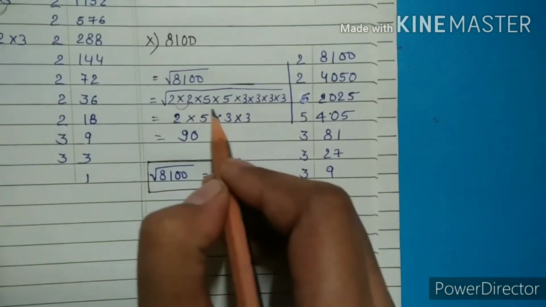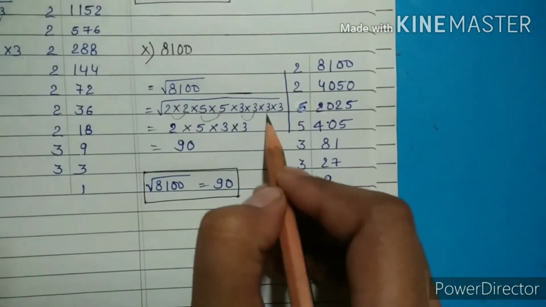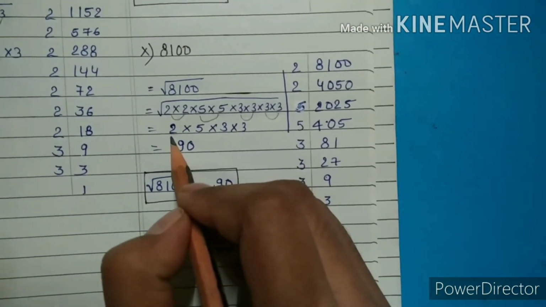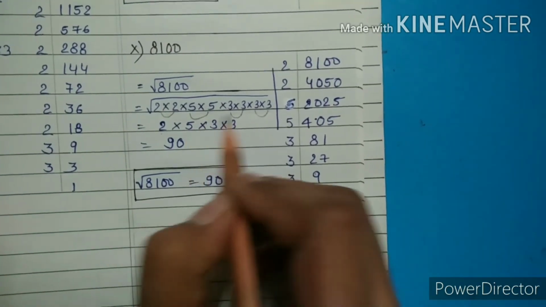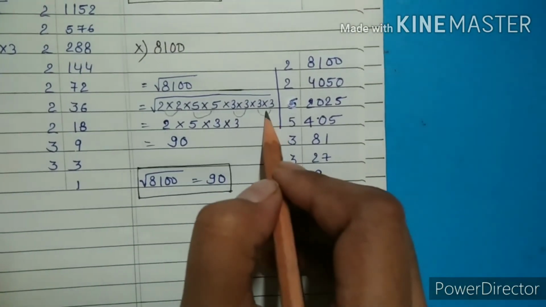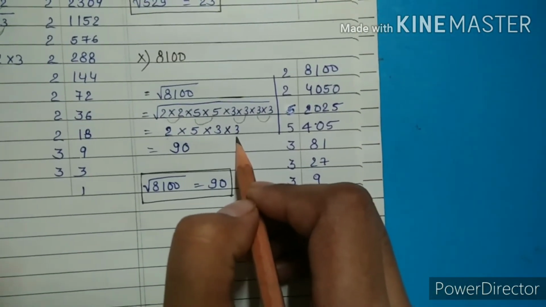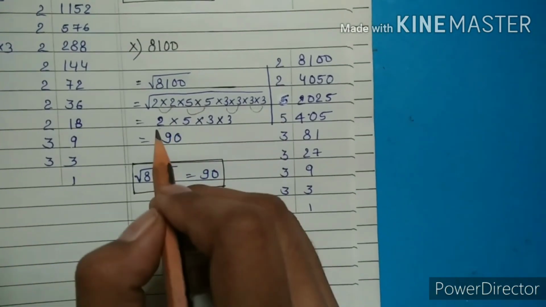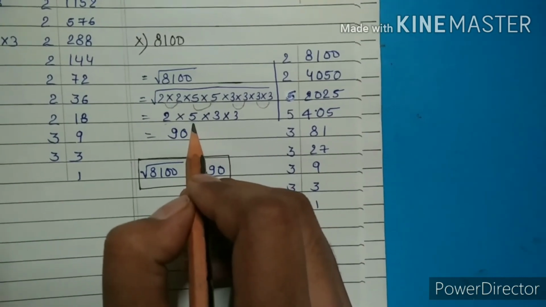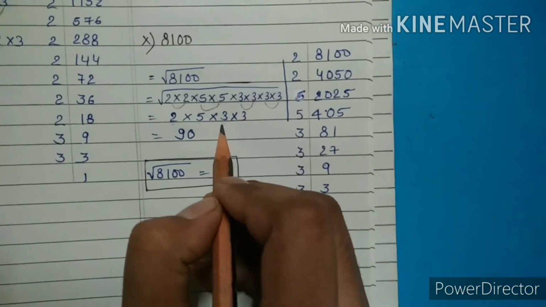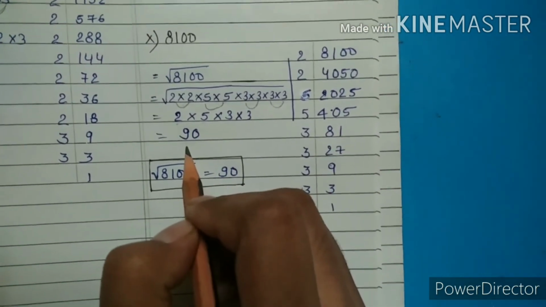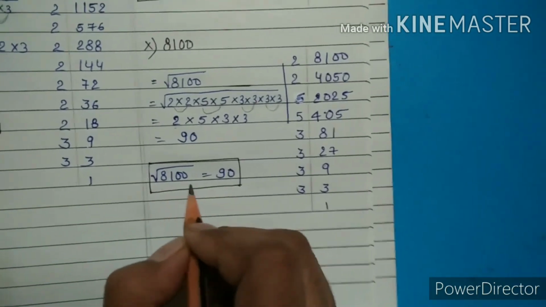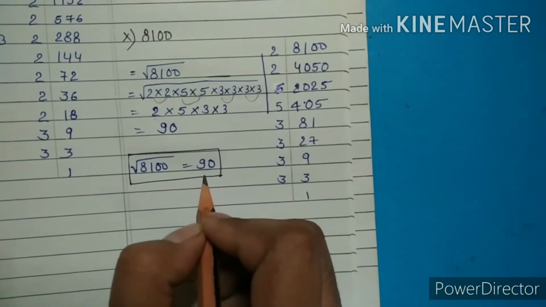So 1, 2, 3, 4 pairs. This will give 1 time 2, this will give 1 time 5, this will give 1 time 3, and this will give 1 time 3. So 2 5s are 10, 10 3s are 30, and 30 3s are 90. So the square root of 8100 is 90.